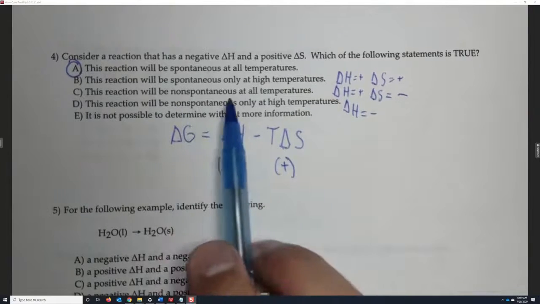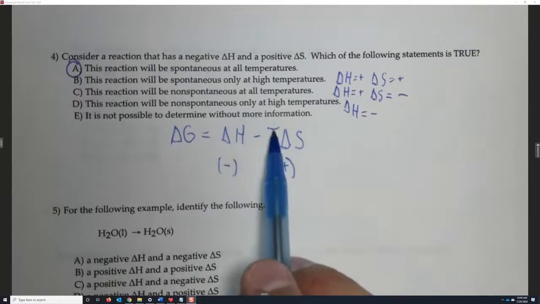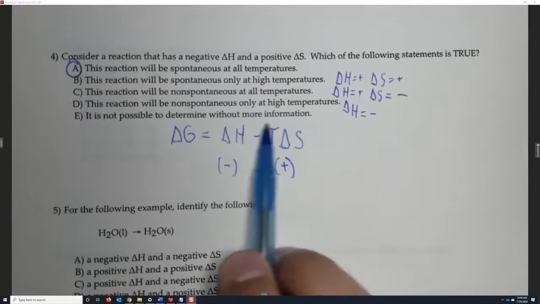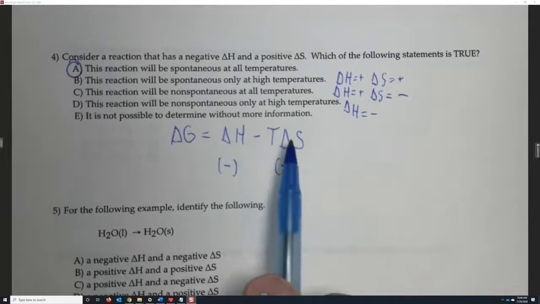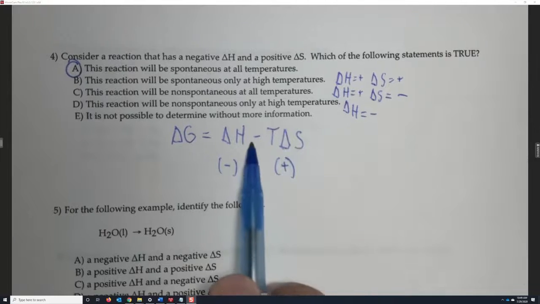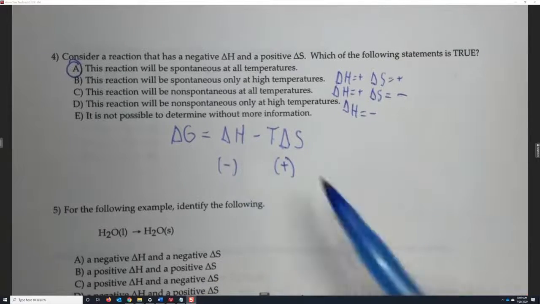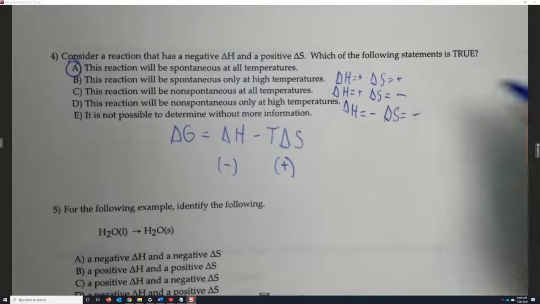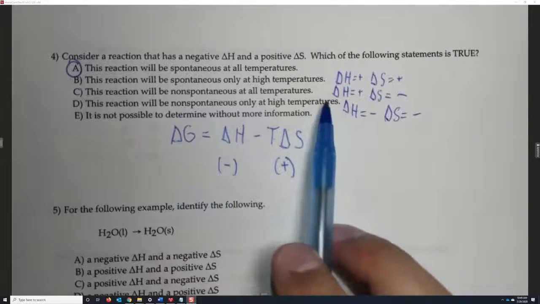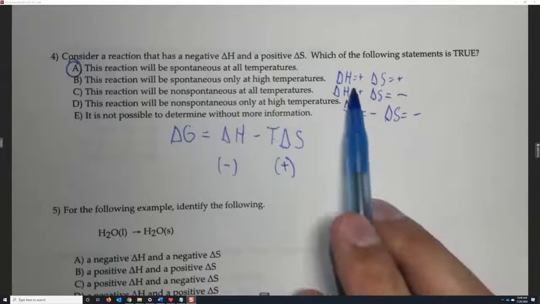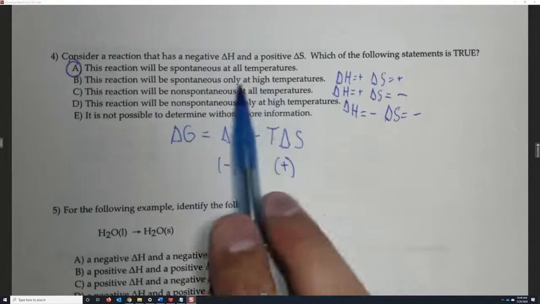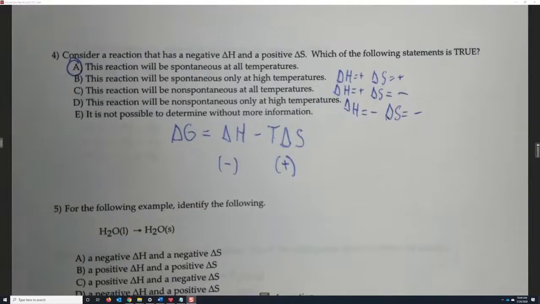But if it's non-spontaneous at high temperatures, it must mean that at high temperatures, this minus T delta S actually overwhelms the negativeness of this delta H. Said another way, we have plus something bigger, because negative times negative gives you plus something bigger than this is negative. So if delta S is negative also, then at high temperatures it'll be non-spontaneous. Said another way, it will be spontaneous at low temperatures. You'll also notice that this is exactly the opposite of choice letter B. So this, I hope, gives you an idea of all the cases and the relationship between delta H and delta S.